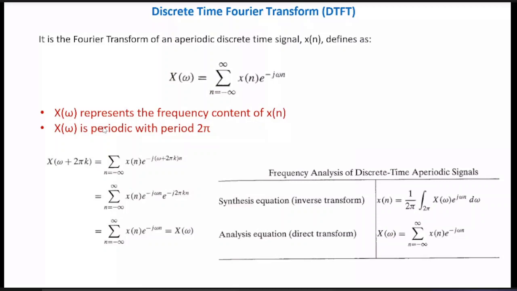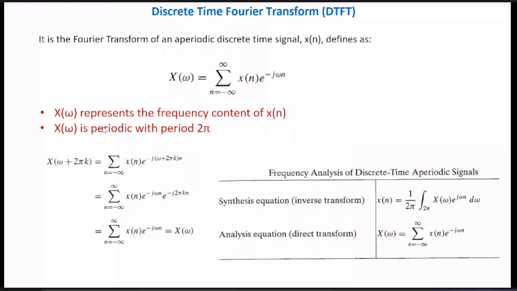Discrete time Fourier transform, DTFT. You can see from the name, discrete time signal xn. So that means it has some length. The length of the sequence is not infinite, it is finite. It may have some number of samples like L or maybe M, so it is a constant or finite.